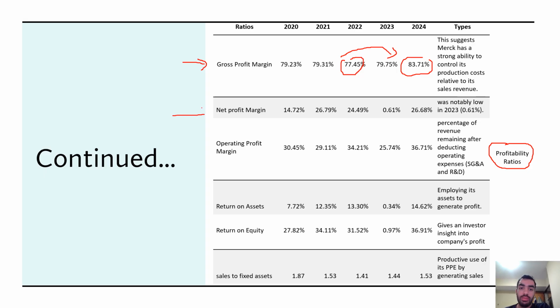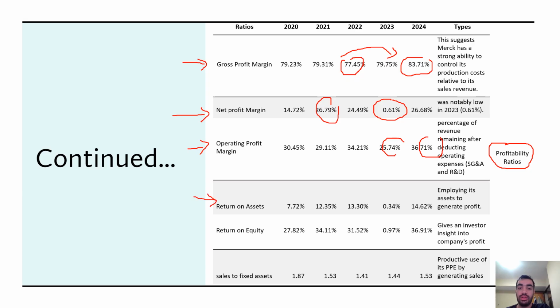Now we see the net profit margin is volatile, peaking in 2021 and significantly dropping in 2023 because of factors beyond core production costs. Another is operating profit margin, positive overall, fluctuating between 2023 and 2024, suggesting variability in operating cost management.